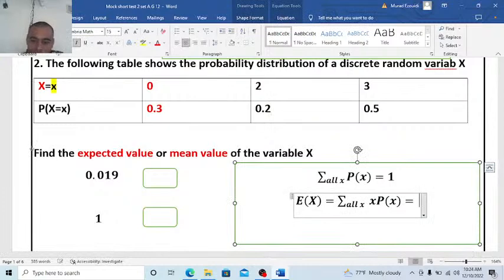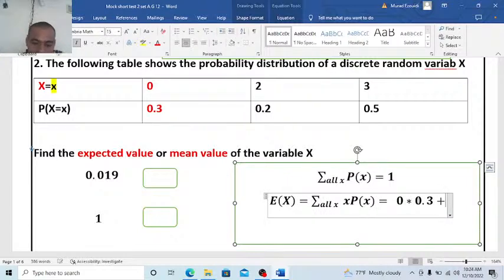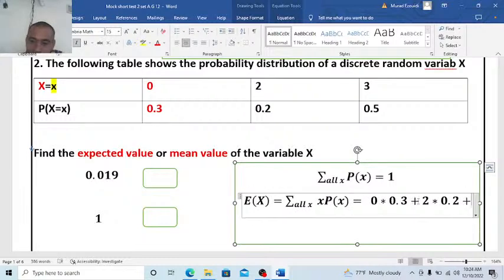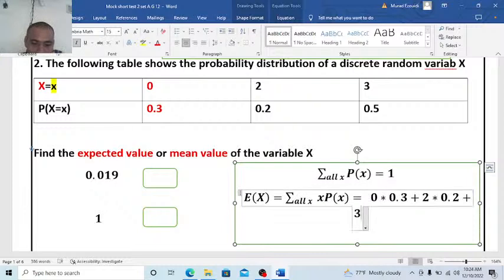So I just write this: it will be equal to 0, shift 8 to give the multiplication sign, multiplied by 0.3, plus 2 multiplied by 0.2, plus, learners, 3 multiplied by 0.5.